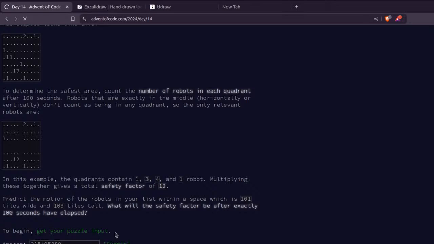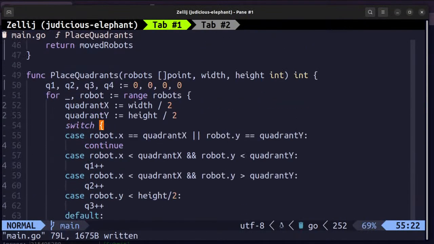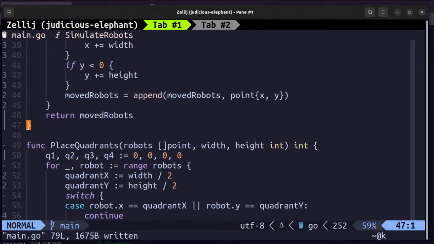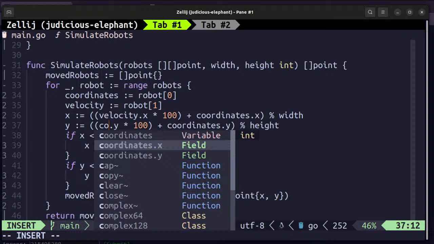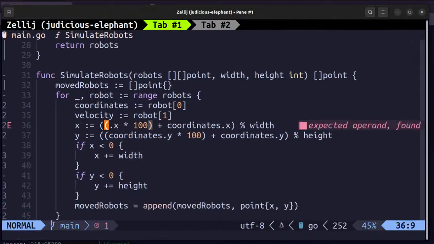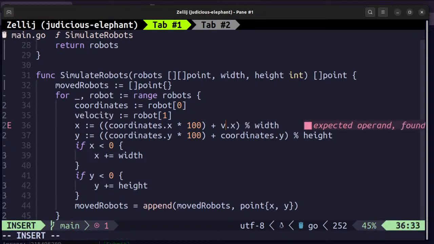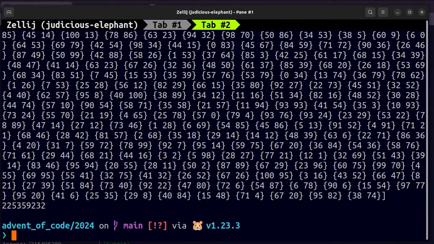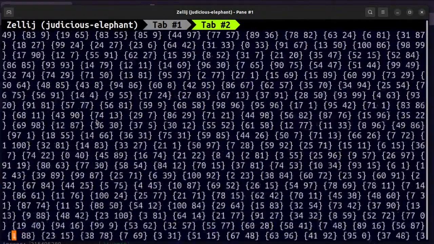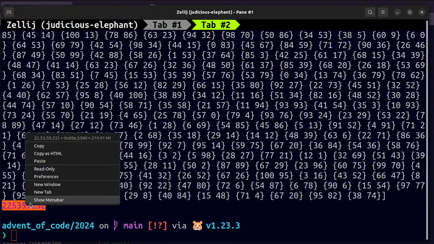Okay, answer is too low. Hmm, I'm still not convinced with this. What was the first one? 2154, too low. Let's check this.